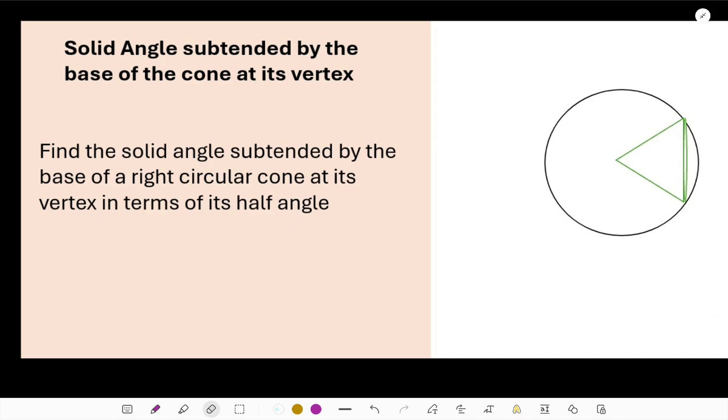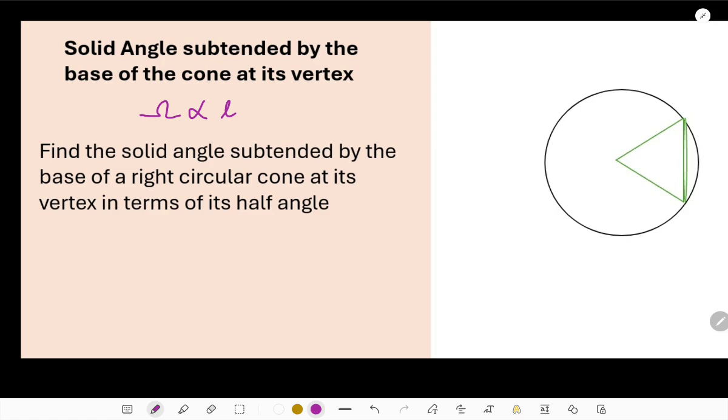And I know perhaps many of you know that solid angle has a property of linearity. What I want to tell is that solid angle is directly proportional to some kind of length.